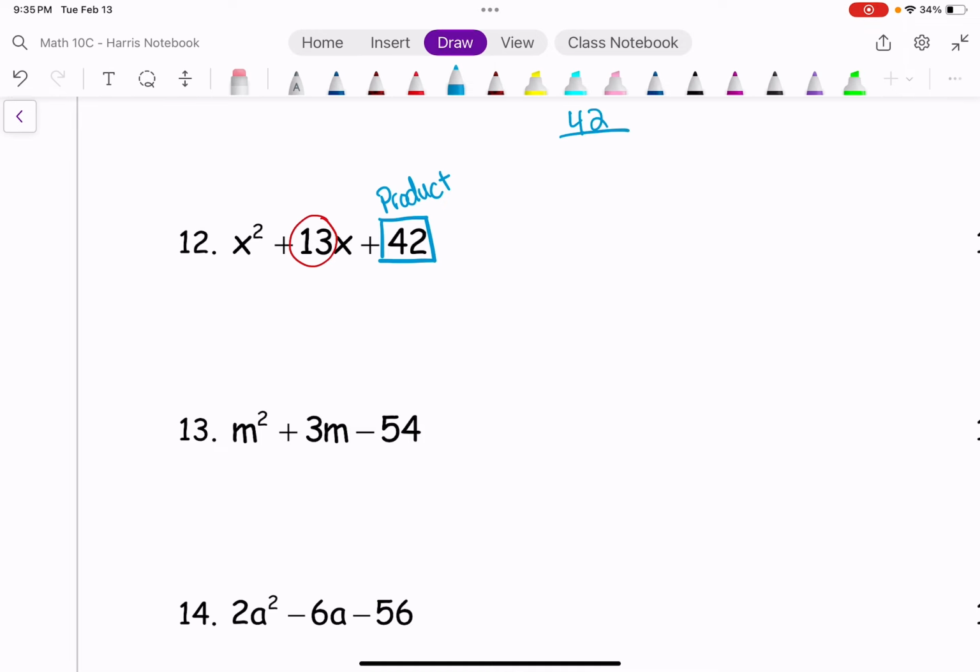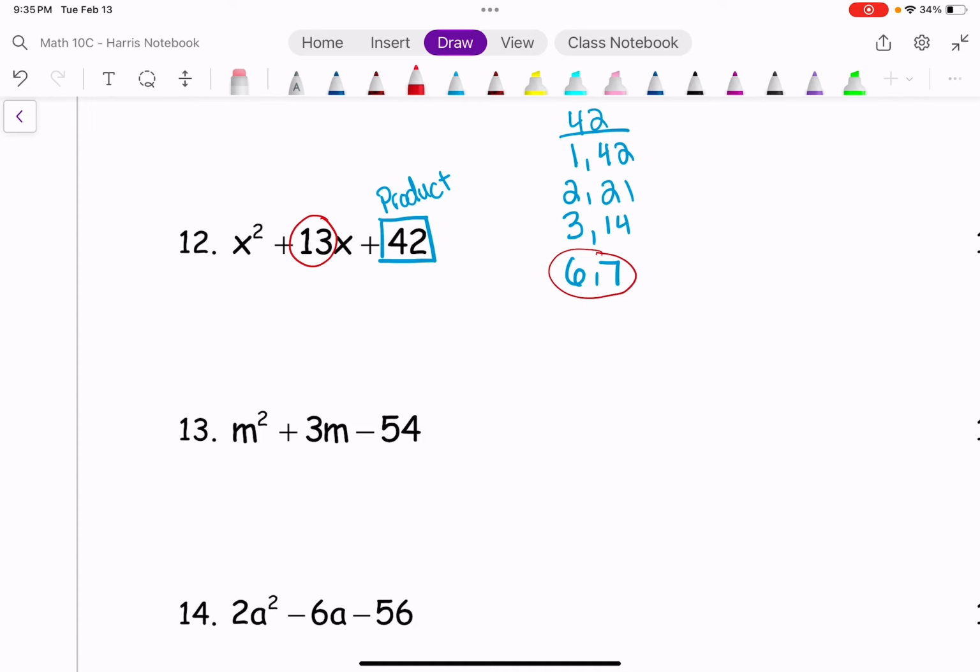So I need to think of the factors of 42. Factors of 42 are 1 and 42, 2 and 21. 42 divided by 3 is 3 and 14. Let's go 42 divided by 6, that's 6 and 7. Perfect. So I know that it's going to be 6 and 7.